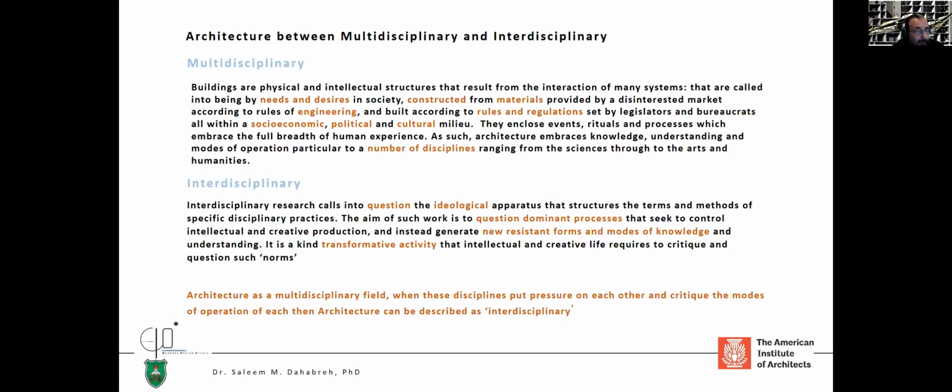Meaning that if we have a certain discipline, and you say that discipline is interdisciplinary, you're talking about questioning its dominant processes, thinking about its ideologies, meaning that you need not maintain a status quo in that discipline. Rather, you're trying to generate resistant forms and modes of knowledge. You do not keep a status quo, you do not keep the present. You always seek transformation, a better understanding, a new understanding, or let's say a critical understanding.